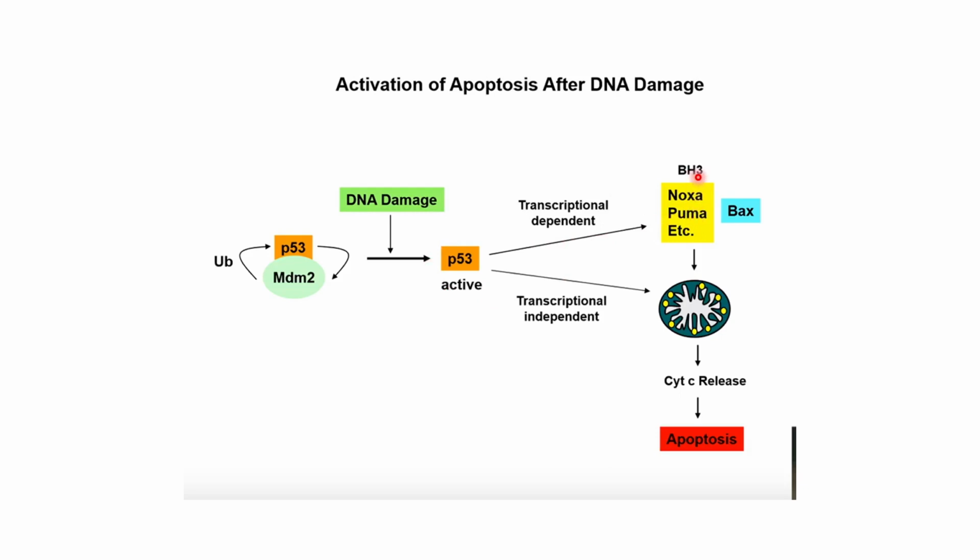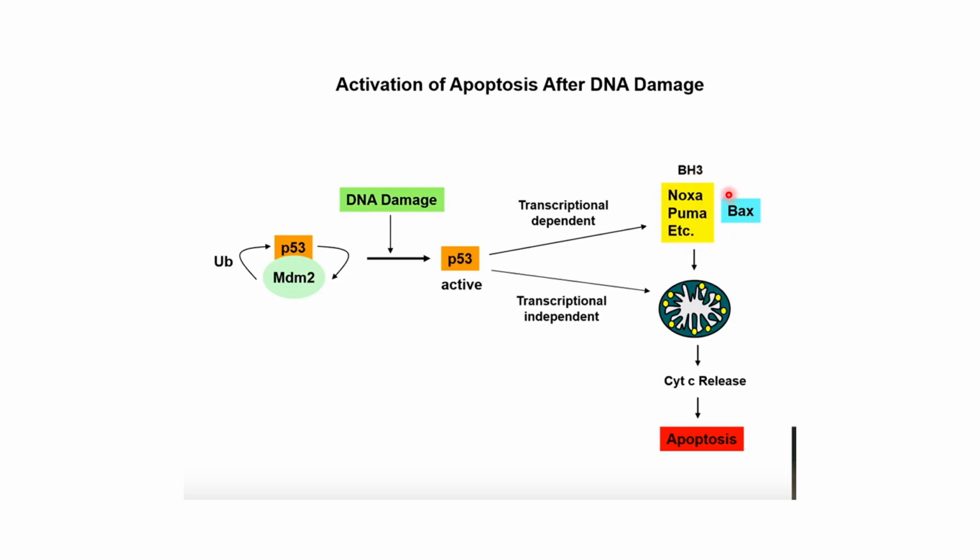Noxa and Puma, which are BH3 proteins, BCL2 family members, and also the transcriptional activation of BAX. P53, as we discussed, is a transcription factor, so it will transcriptionally activate this BH3 family protein as well as the proapoptotic molecule.